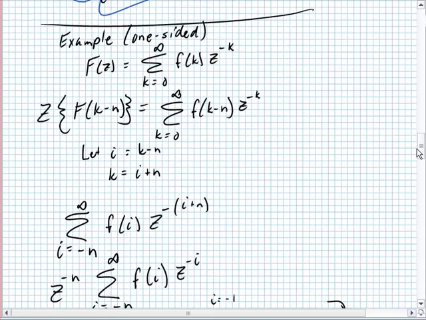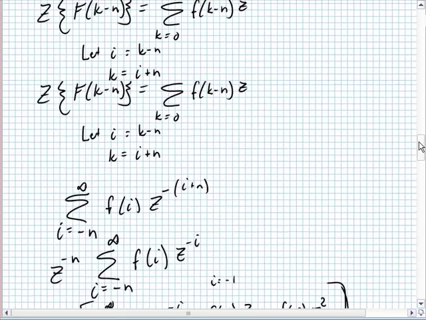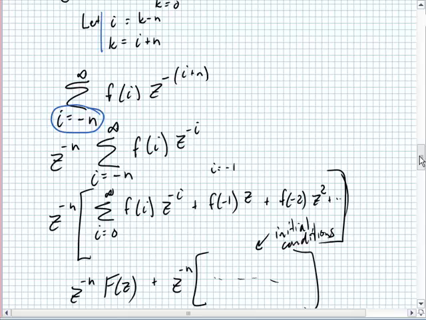If it's a one-sided Z transform, it's a little bit different here, because then we no longer have infinity here, so this index here changes when we do this substitution. So we can take this one, which is the Z transform, and then we can subtract out the initial conditions.